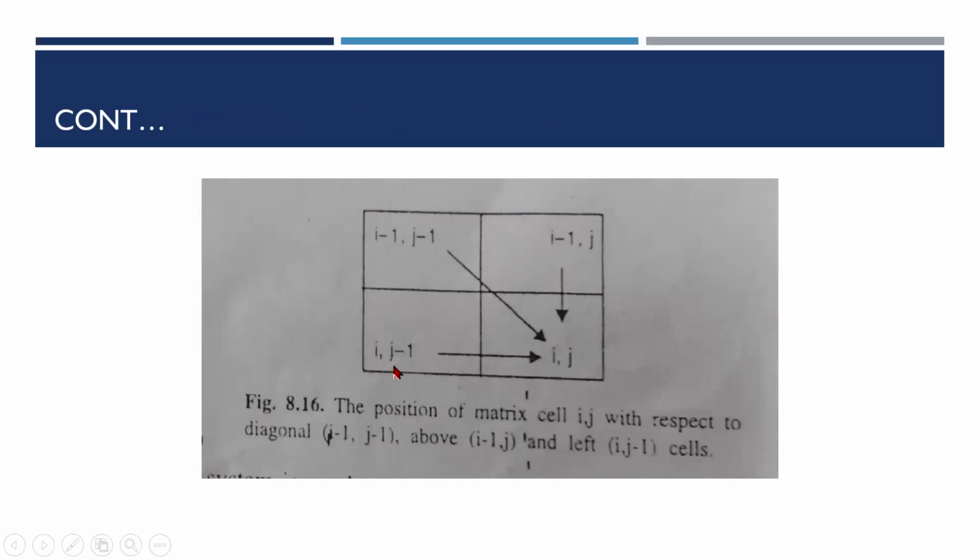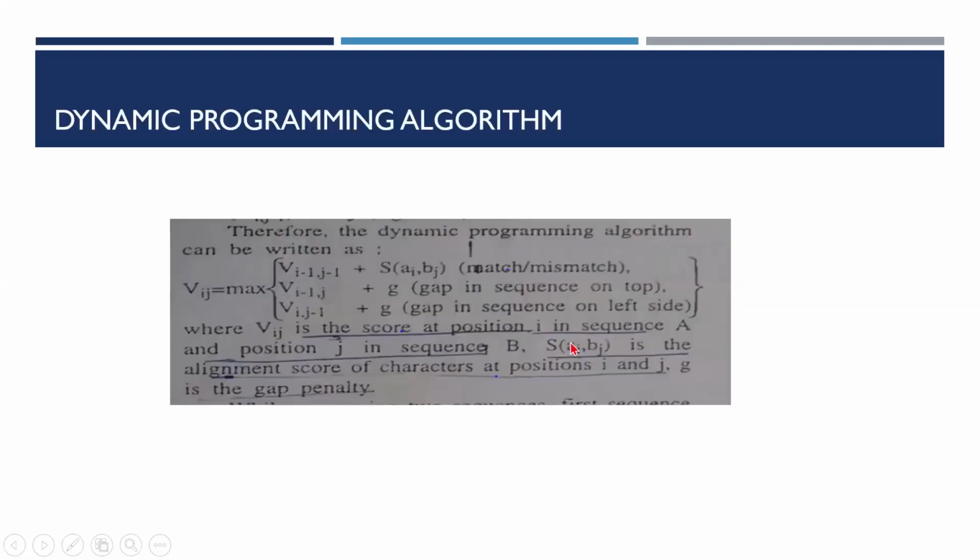If you know the values in these 3 positions, this is diagonal position, above position, left position, with respect to the position of the cell where you want to fill the alignment score, as per the dynamic programming method, that value will be maximum of diagonal score plus alignment score, above score plus gap penalty, left score plus gap penalty. Among these three values, whichever is maximum will be the alignment score in that particular cell.